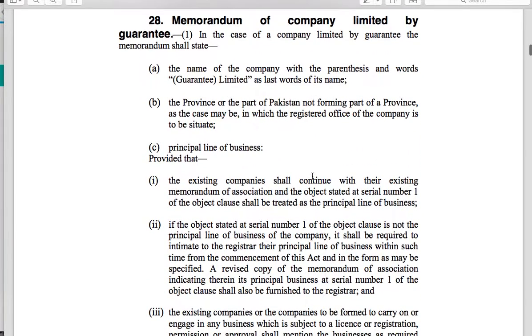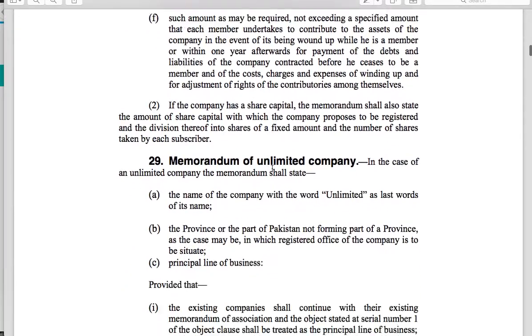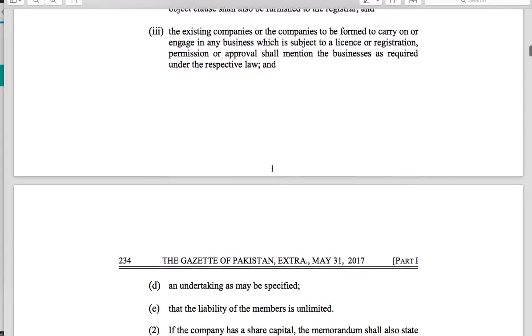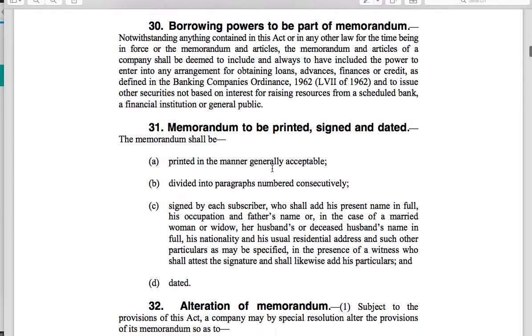This is of a company limited by guarantee, and this is a memorandum of an unlimited company. So these are the formats which, while you are incorporating, you will have to follow, and these facts will be shown there in detail according to your facts.